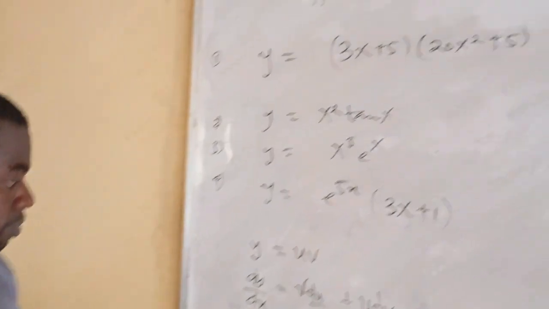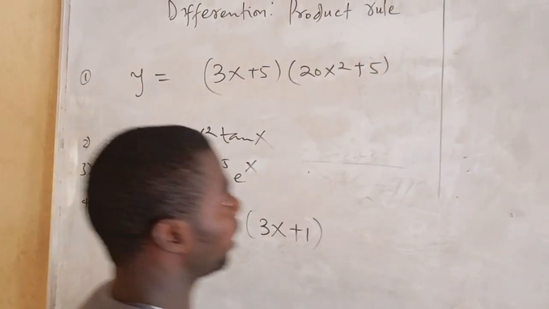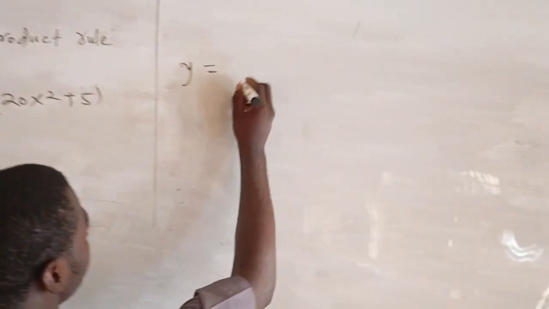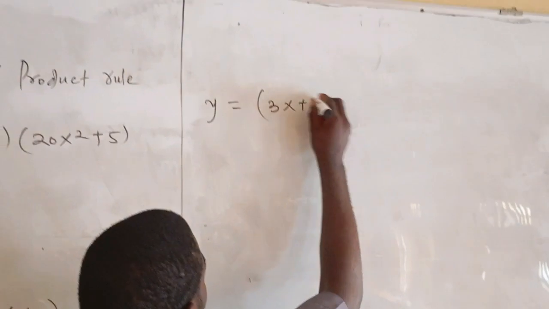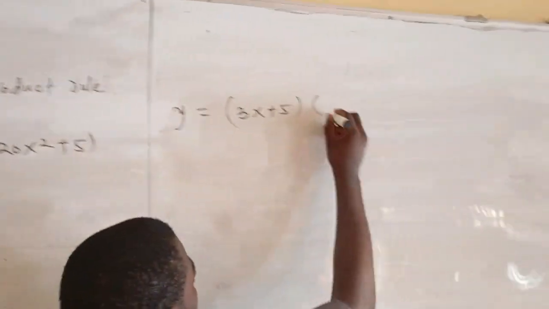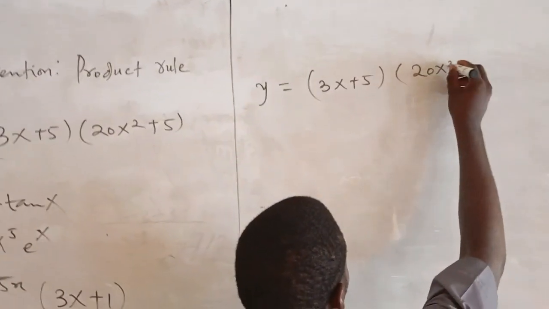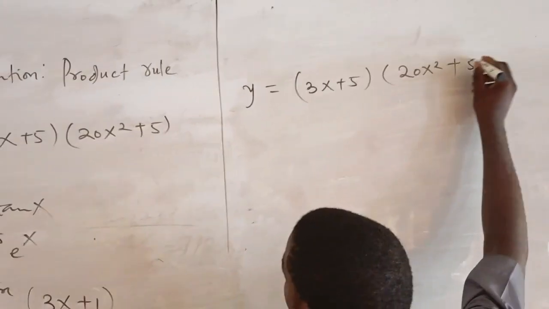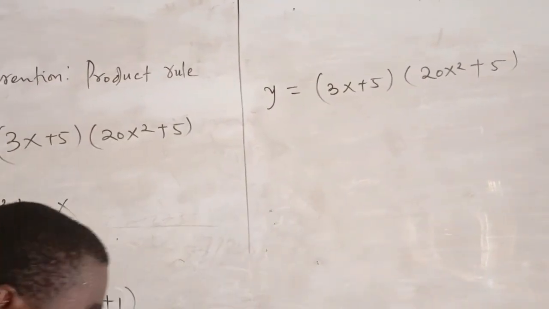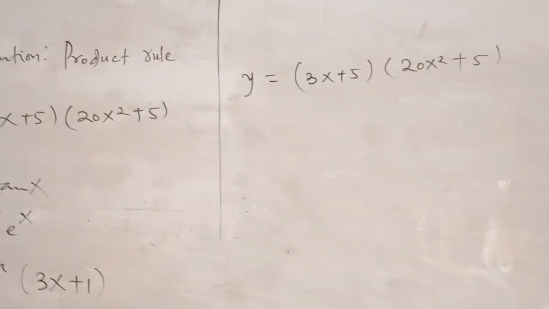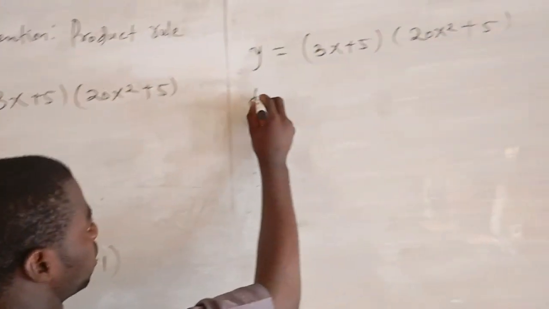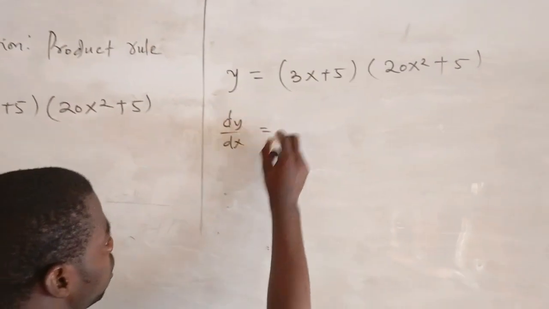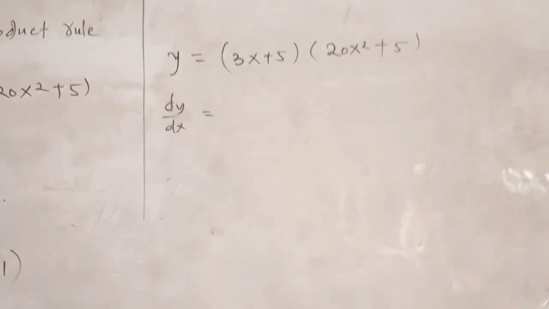For question number 1, it says y is equal to the product of 3x plus 5 multiplied by 20x squared plus 5. The product rule says dy/dx is equal to v du/dx.